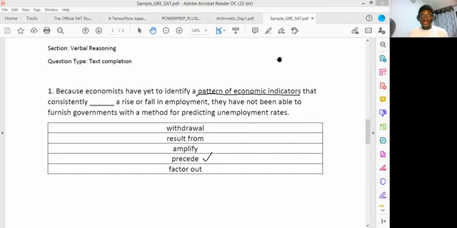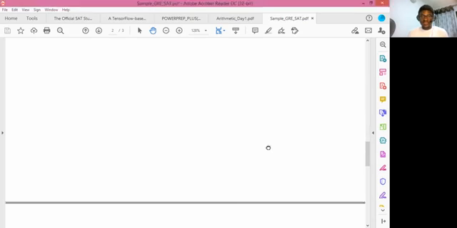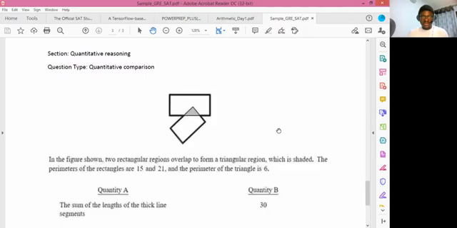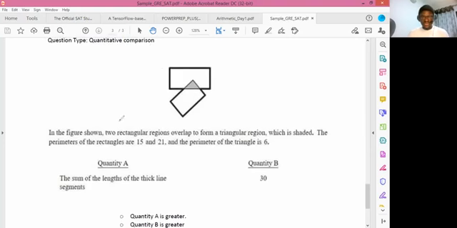All right. Then lastly, we have a question. This is a quantitative reasoning question from the GRE, a QC, quantitative comparison. Okay. Now let's look at it briefly. It says, in the figure shown, this question right here, two rectangular regions overlap to form a triangular region.